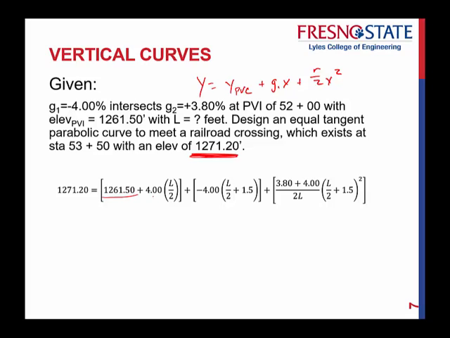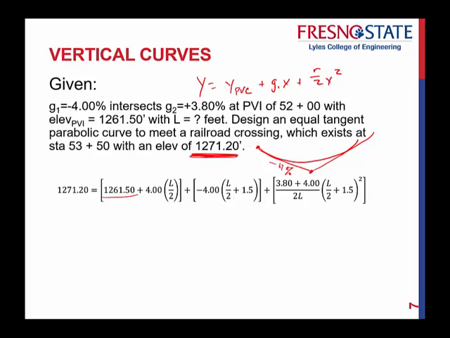Then if you look back at what the curve looked like, here's what your curve looked like. If we're at the PVI, we can calculate back up to this point right here. We knew our grade then, this is minus 4%.